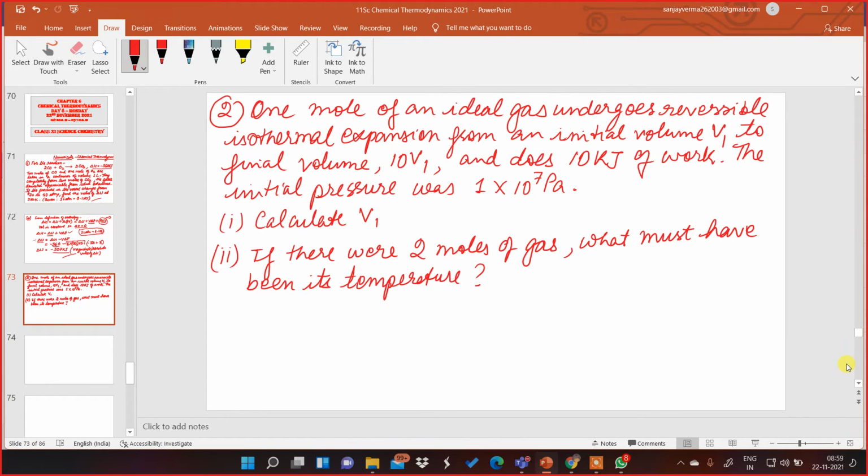Okay, so this was the problem. 1 mole of an ideal gas undergoes reversible isothermal expansion from initial volume V1 to final volume V2, 10 V1, and in expanding from V1 to 10 V1, it is doing 10 kilojoules of work, and moreover, the initial pressure is given 1 into 10 to the power of 7 pascals.